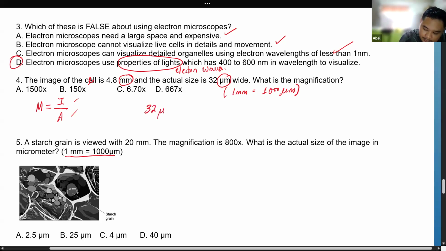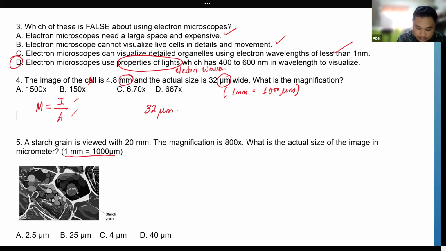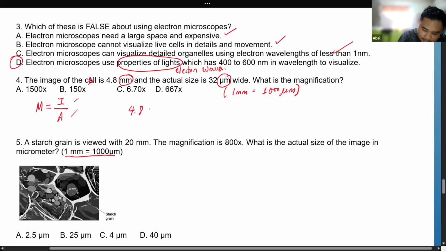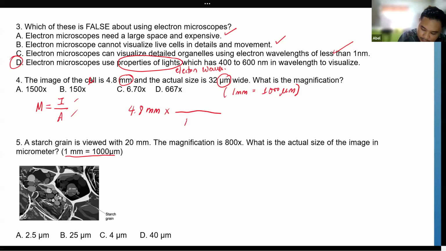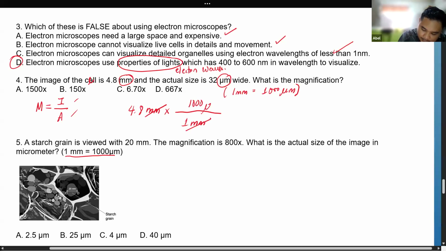Now 4.8 millimeter, convert it into micrometer times, I'm gonna put the 1 millimeter at the bottom part because I want to cancel this out, and then the 1,000 micrometer on the upper part.